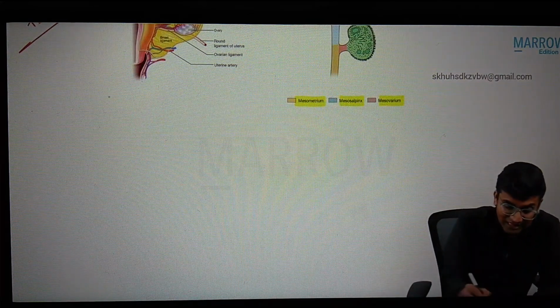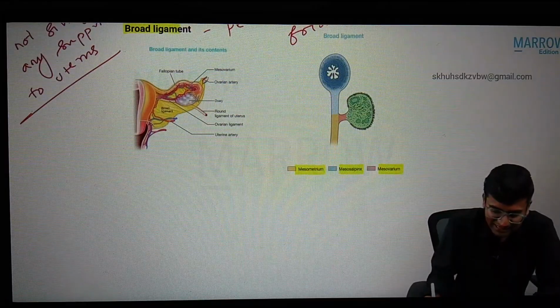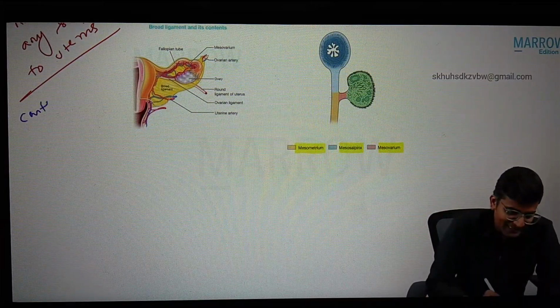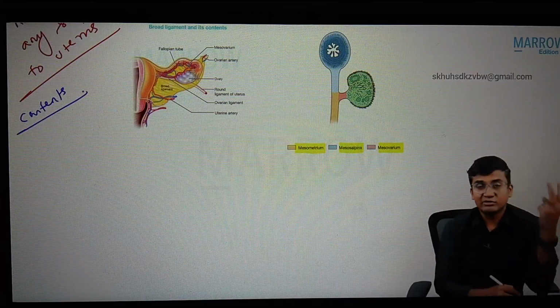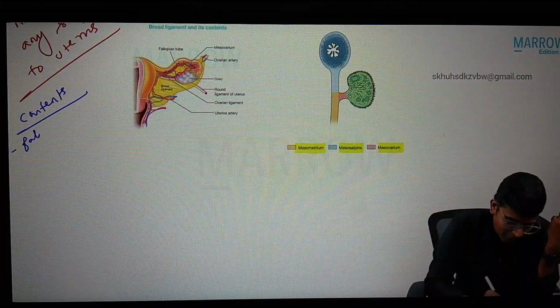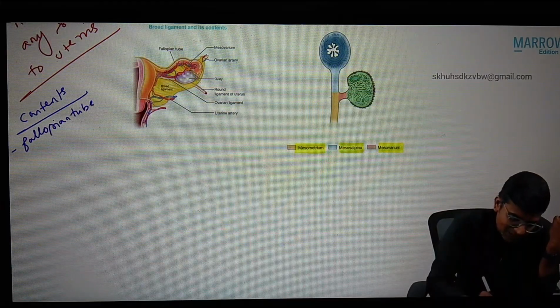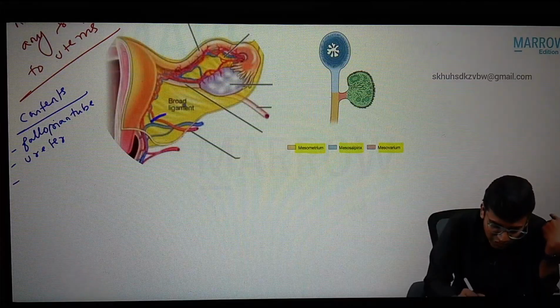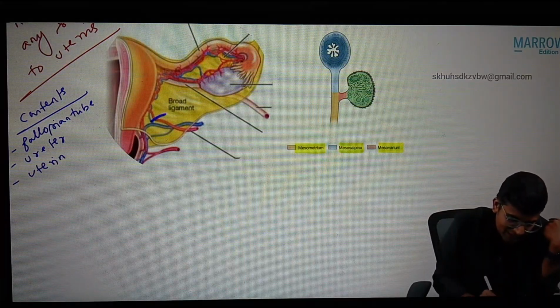Now what are the contents of the broad ligament? We have two tubes: number one, the fallopian tube; number two, the ureter. Two arteries: the uterine artery and the ovarian artery.